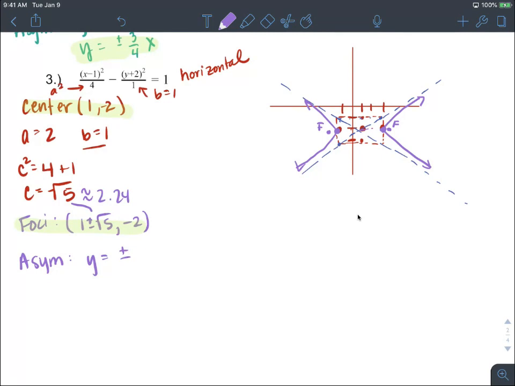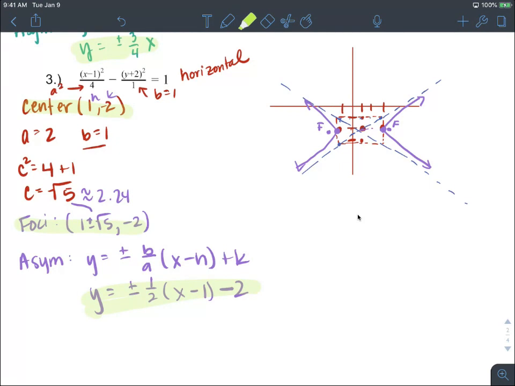Sorry, b over a because it's horizontal. B over a times x minus h plus k. So this is point slope form, plus or minus 1 over 2 times x minus 1, this is my h, and my k, minus 2. And that's the equation for my asymptotes.